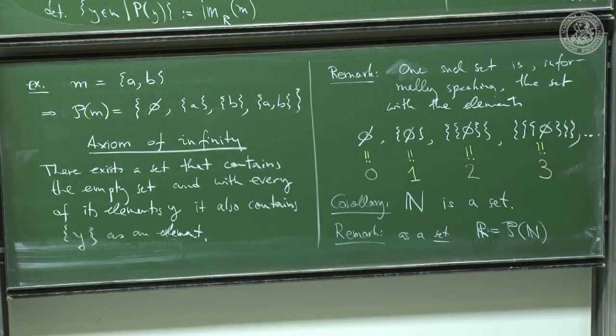And then you can again take the power set of the reals, and you get an even bigger set. And then you can take the power set of the power set of the power set of the integers, and you get a bigger set.